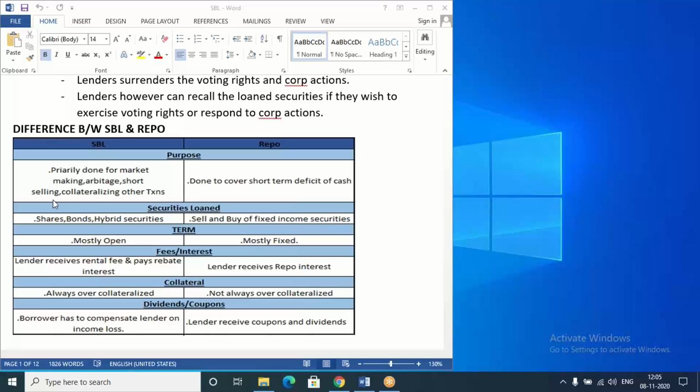Short selling is the concept of selling or getting into a deal to sell something which you don't have, with the intention that you'll get it in time for the settlement. Collateralizing other transactions is nothing but covering other transactions. This is predominantly used because when you did your settlements class, was a concept of central counterparties discussed?